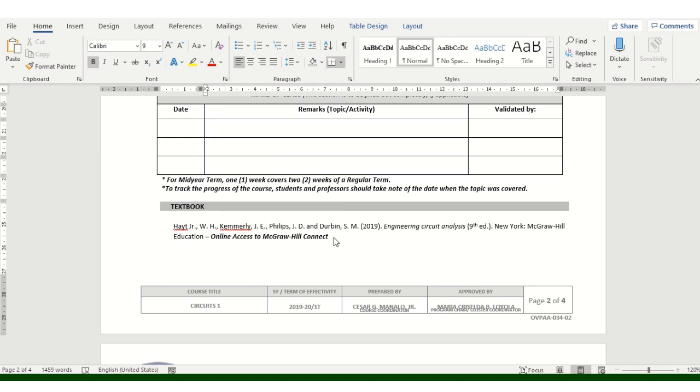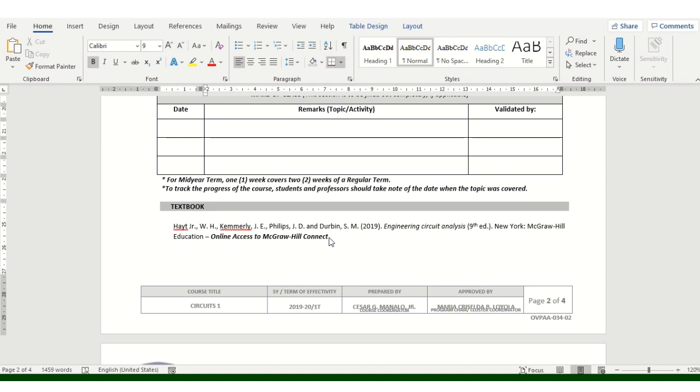But if you have the opportunity, we may also have online access to McGraw-Hill Connect. This is a facility where we are able to have access to knowledge pertaining to engineering circuit analysis. In that online access, there is an ebook where you can read and practice exercises.